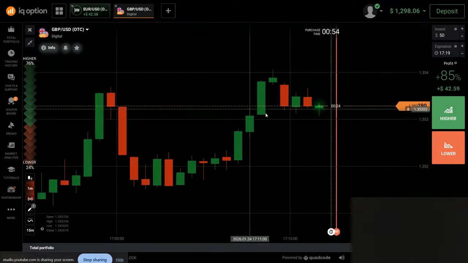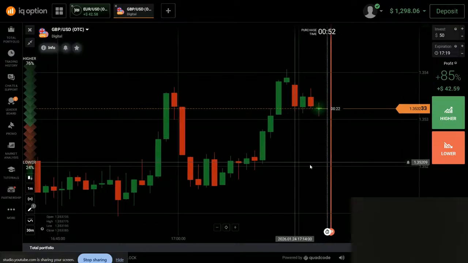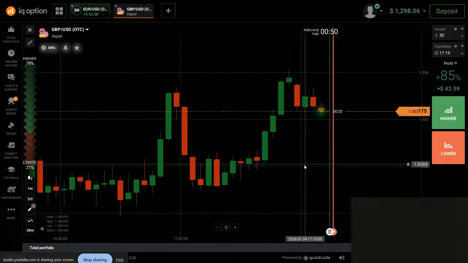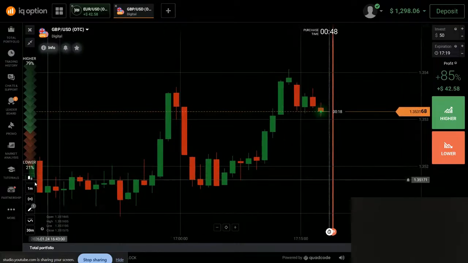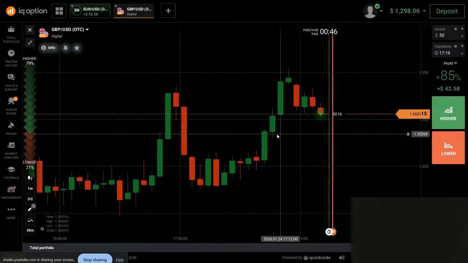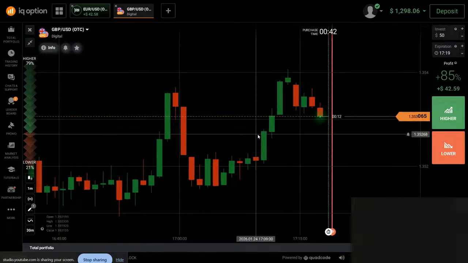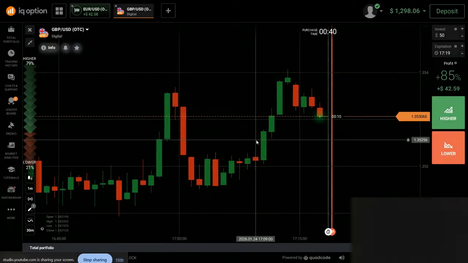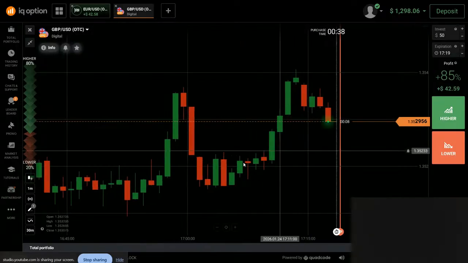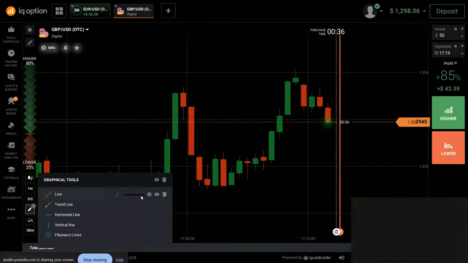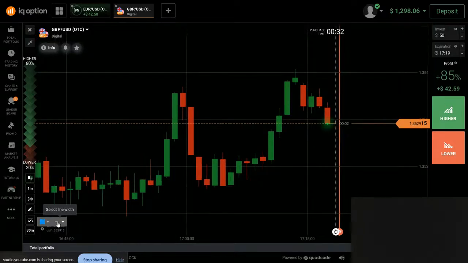So this is the GBP/USD OTC market. All these trades are only in IQ Option. Do not try to take the trades on your platforms, because the OTC market is different for every platform. So we will use some levels.